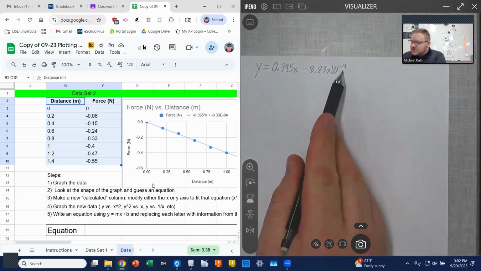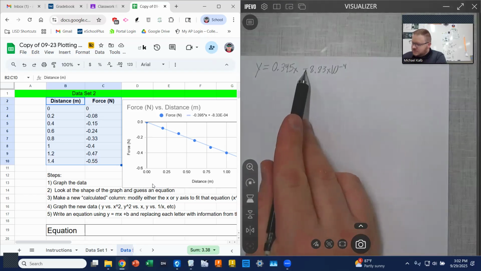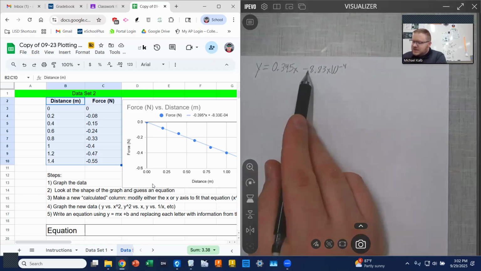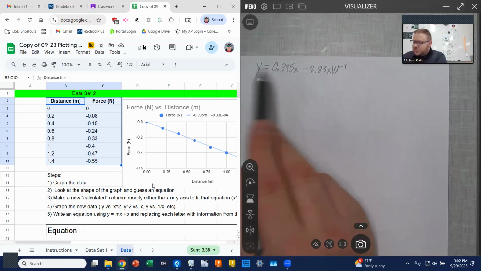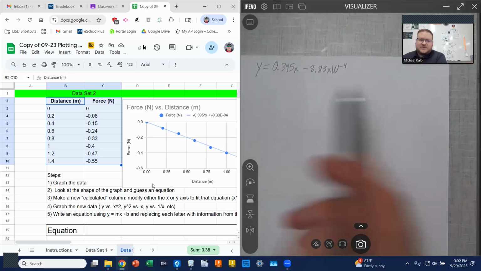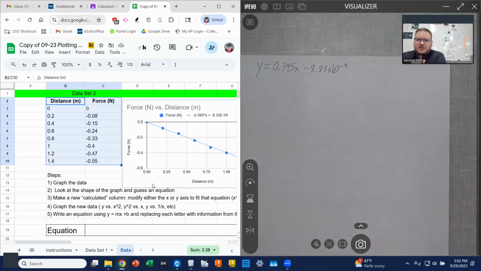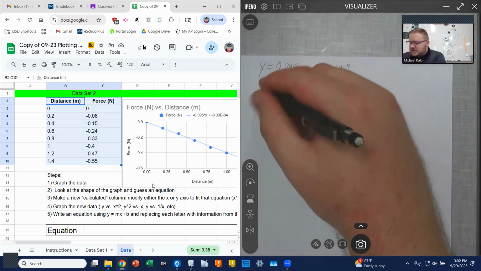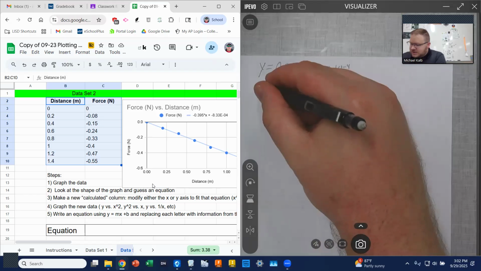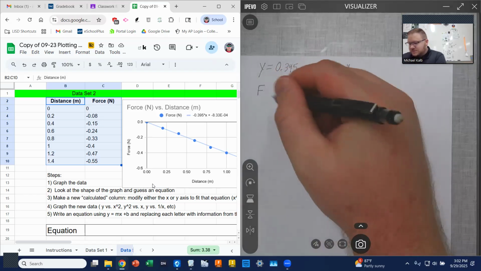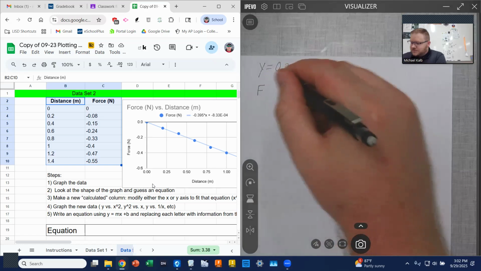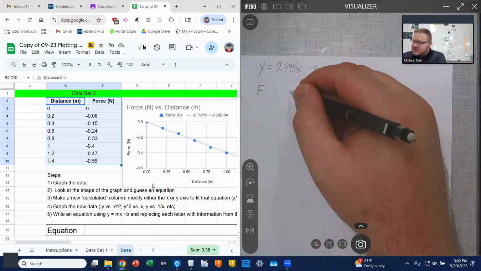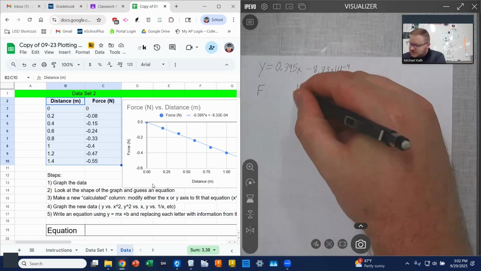So in other words, that's our y-intercept. That's our slope, and x, well, that's the variable. But if we look at what's actually on our y-axis, it's force. And our x-axis is actually distance.